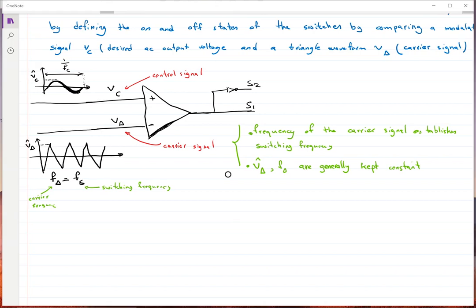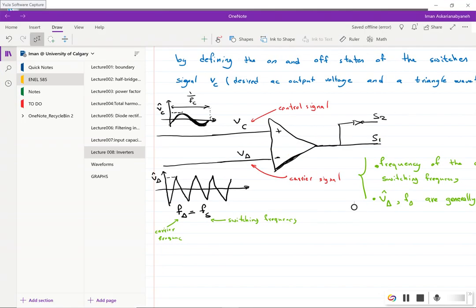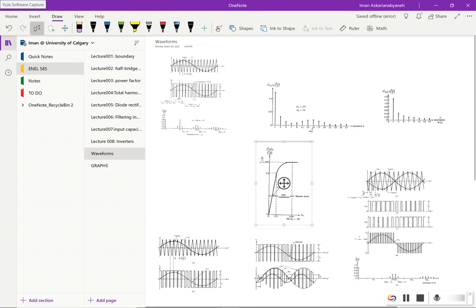Okay, let's bring some waveforms that I captured before from a book.